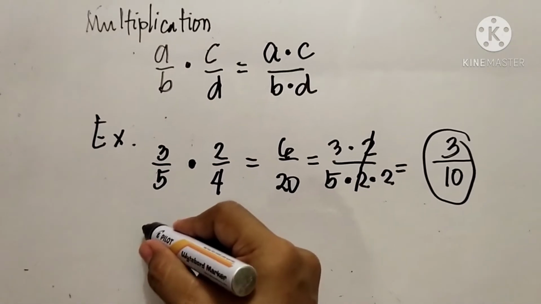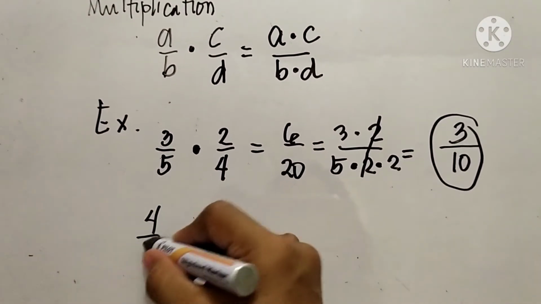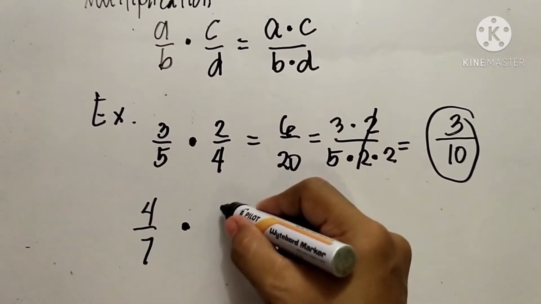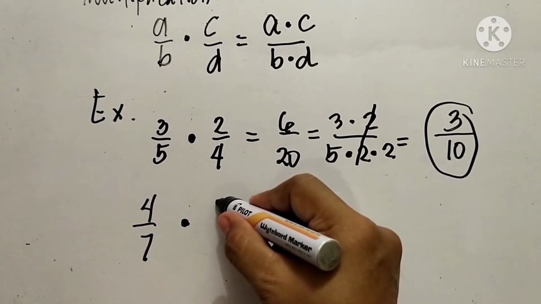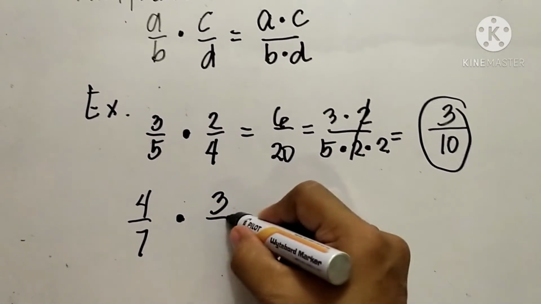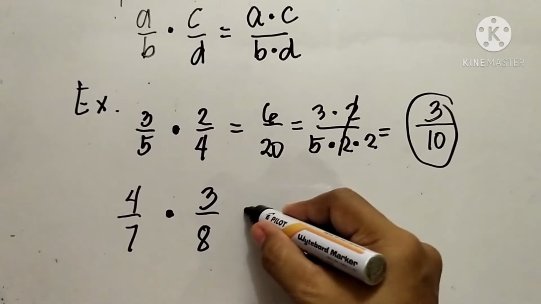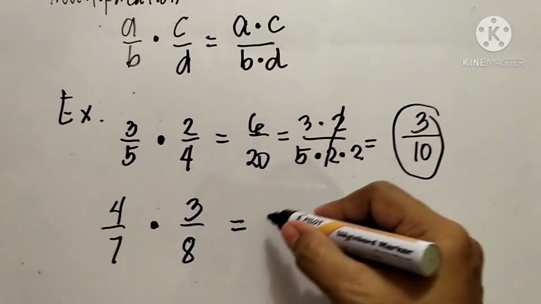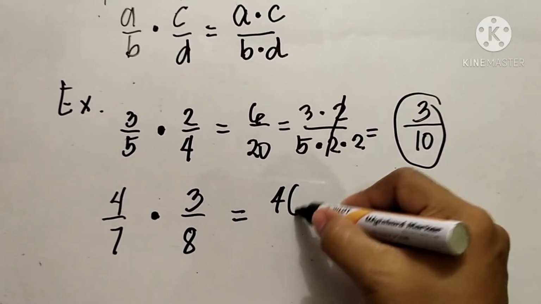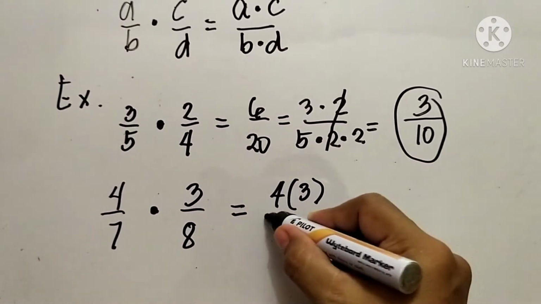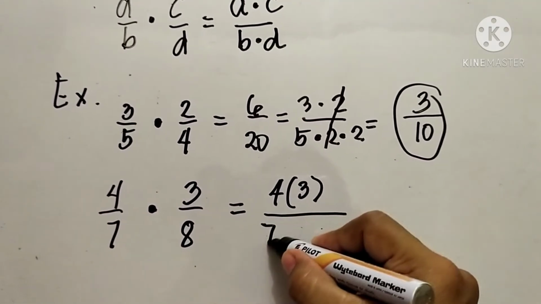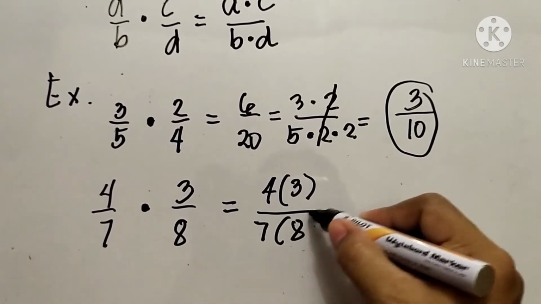Another, we have like 4 over 7 times 3 over 8. We can just make it like this. 4, we will write first, times 3 over 7 times 8.